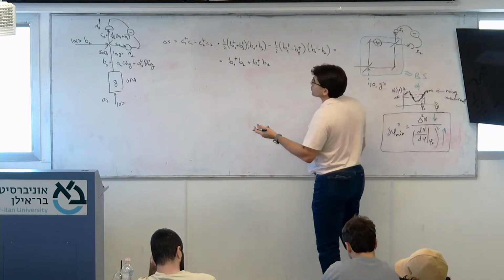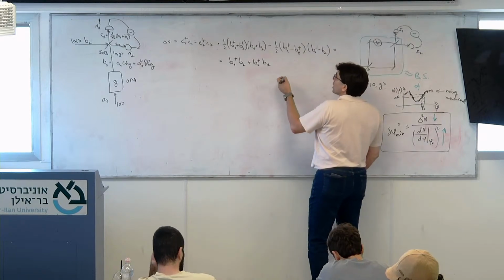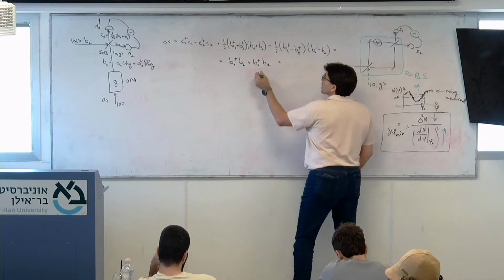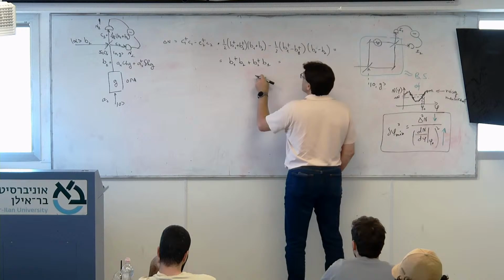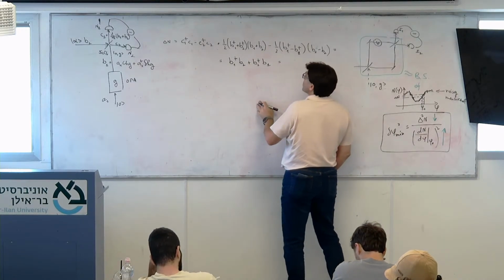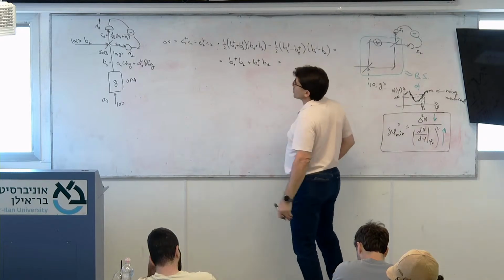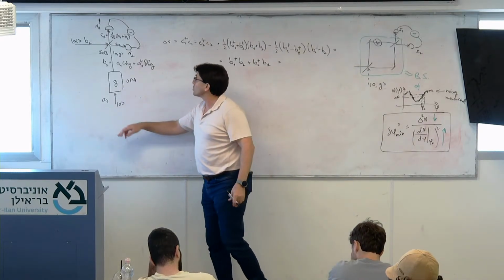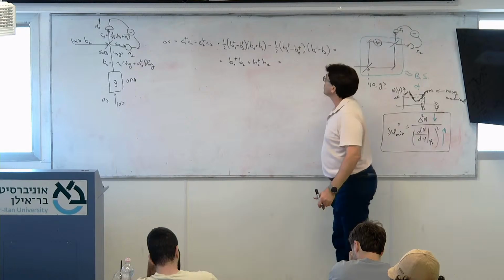Now, as we said, B1 is fine because B1 operates on alpha. B2 is not yet fine because we need to figure out this one.